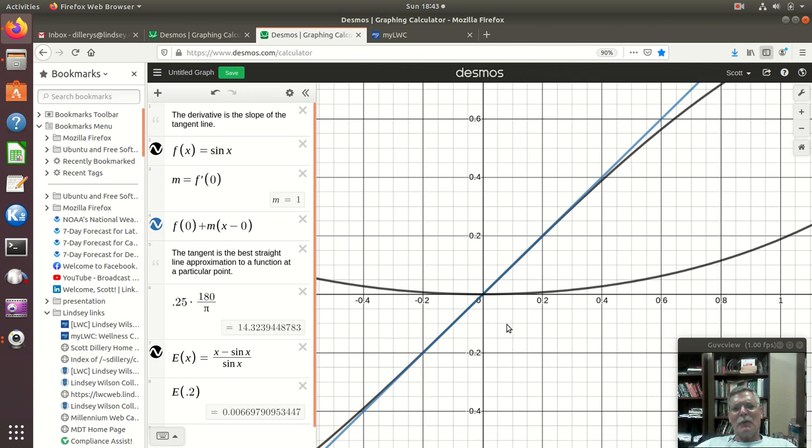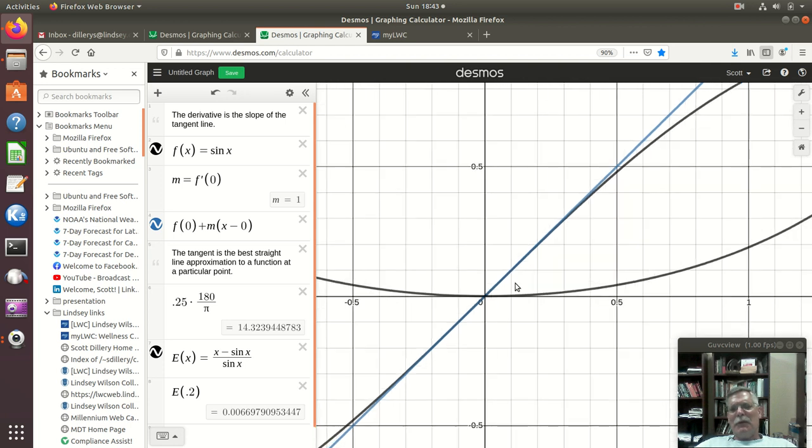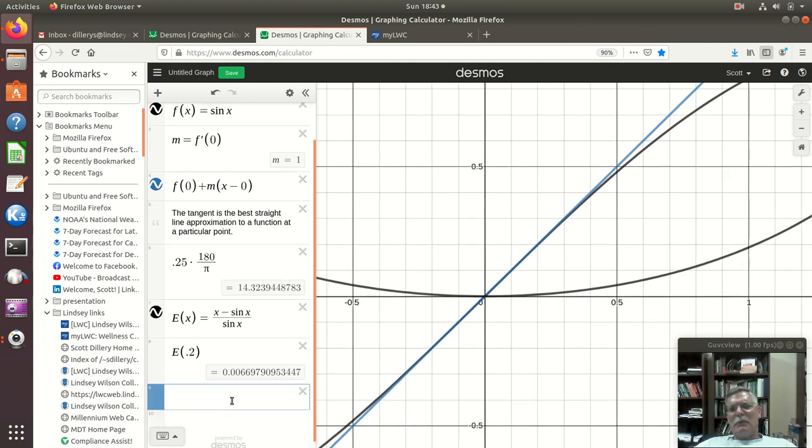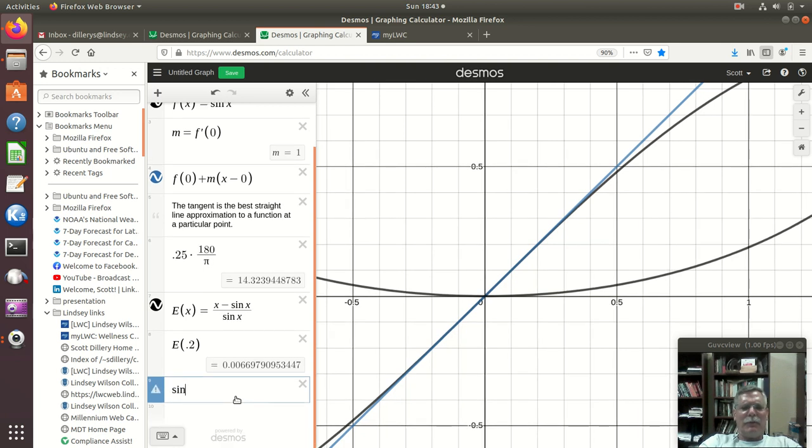Well, think about being able to approximate with that straight line. All of a sudden, instead of asking something like, when is... and actually, as we just saw in another video, this will probably solve this just fine. But let's try sine. I'm going to square it.